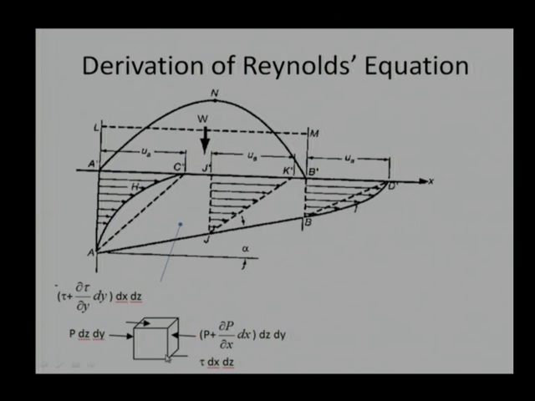We are assuming this area is dx into dz, that is the element. Coming to the pressure side, pressure is developed in this side. So, we can write pressure into area, while here pressure plus pressure gradient, a positive pressure gradient, because the pressure is more. You can see over here pressure is increasing.